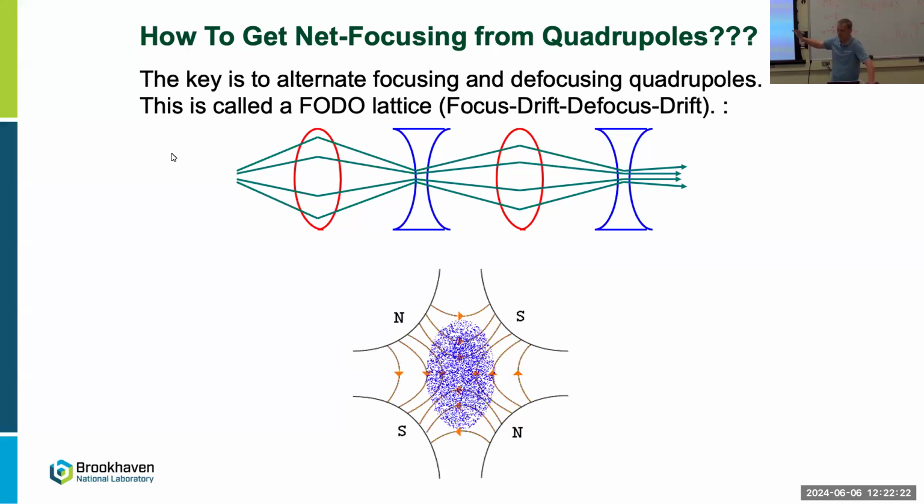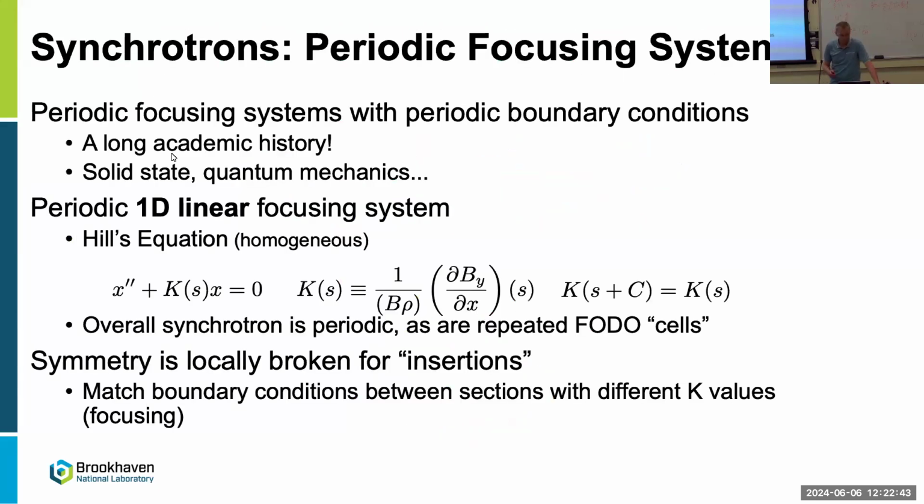The beam remains confined because you have a series of lenses that change sign from one to an opposite in both planes symmetrically, even though, of course, the sequence is different. So this is how accelerators work, and all of the synchrotrons that we use have this type of periodic focusing system.